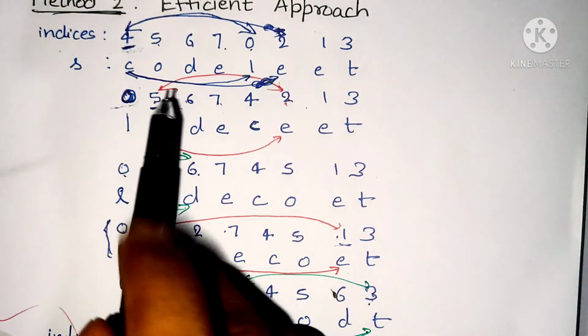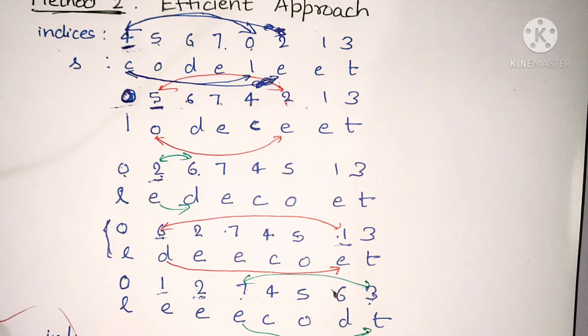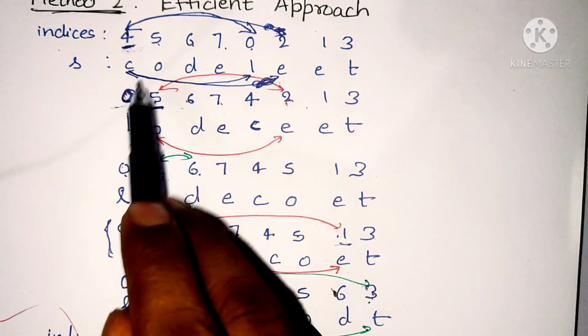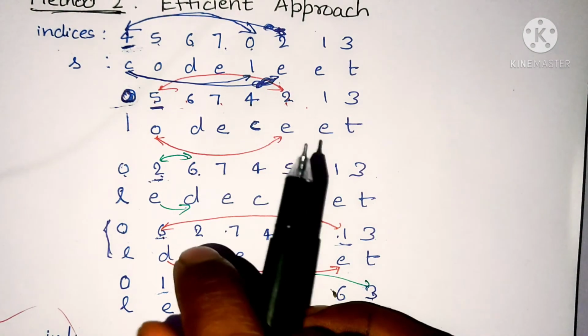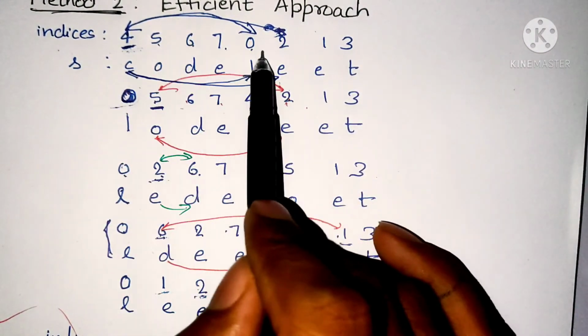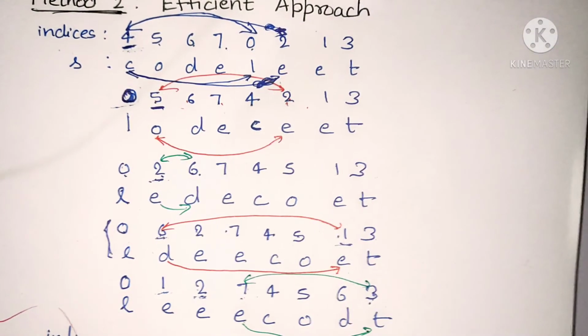The upper bound is, in the worst case, it may take 2n iterations, right? Because in every iteration one element will be placed at its correct position, and when we go iterating to that element again, we will check once more whether it is at its correct position or not.